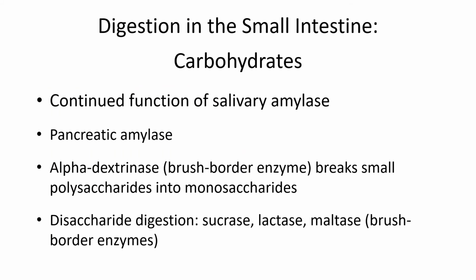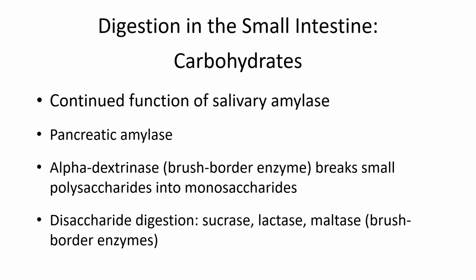Just a quick refresher of what's happened to our macromolecules before we continue further and look at what's going to happen at the brush border. We'll start with carbohydrates. Remember that carbohydrates come in several different forms. We can have very large carbohydrates like starch and glycogen, or we can have disaccharides, or we can have some carbohydrates that are kind of in between. But the large starches and glycogens are going to be broken down by amylase.